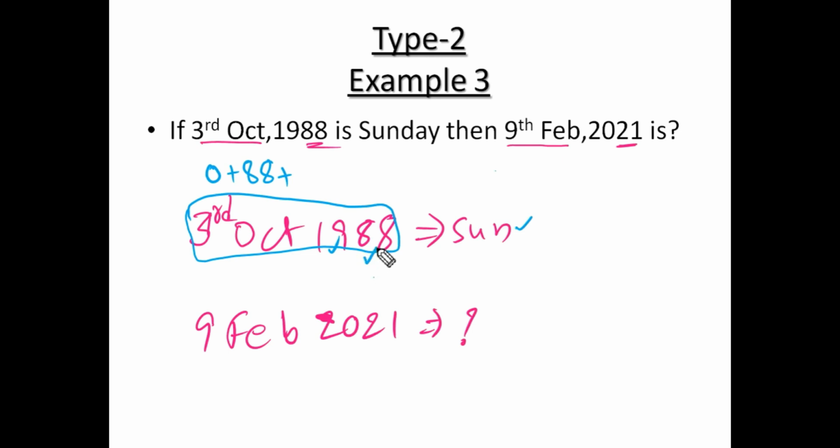Because 88 is a leap year and Feb 29th is covered, directly we can take the number of leap years as 22. Next, month code: October, November, December it is 146, meaning 1. Next, the date, this is 3. Cancel 7 multiples.